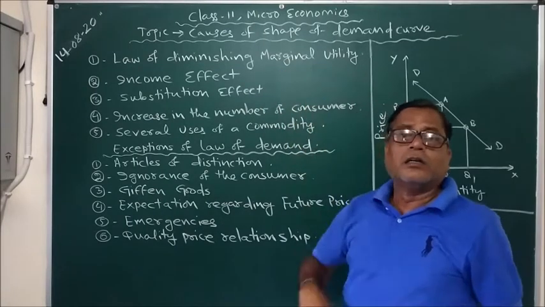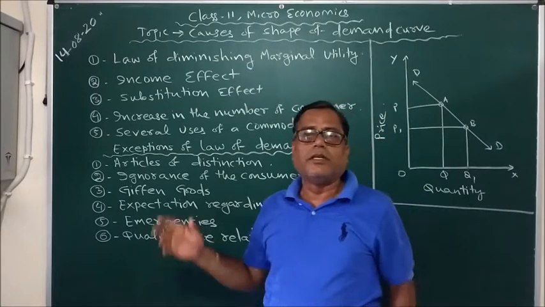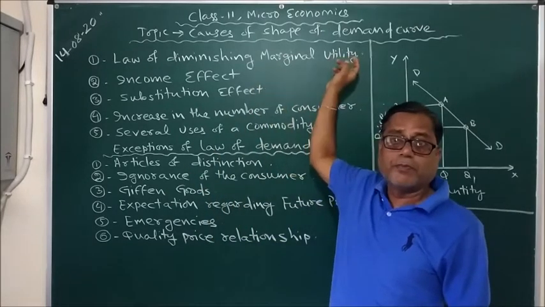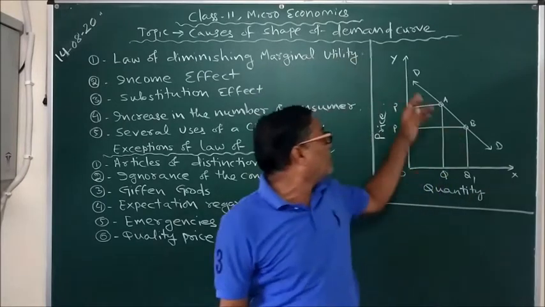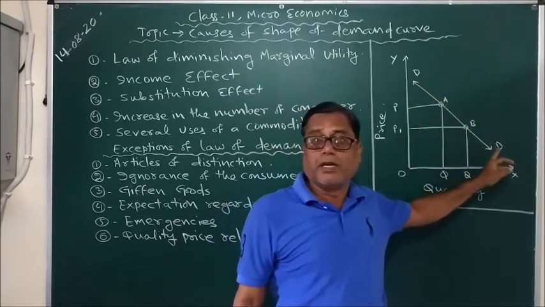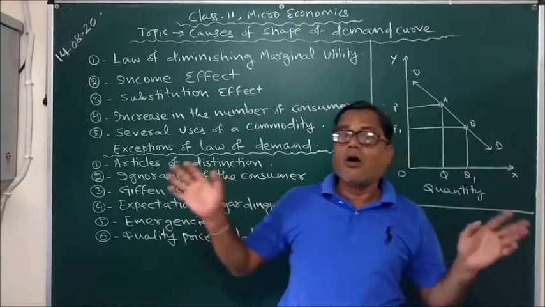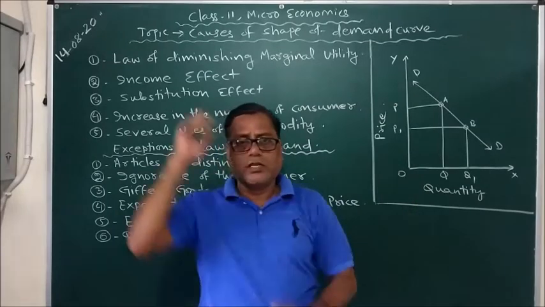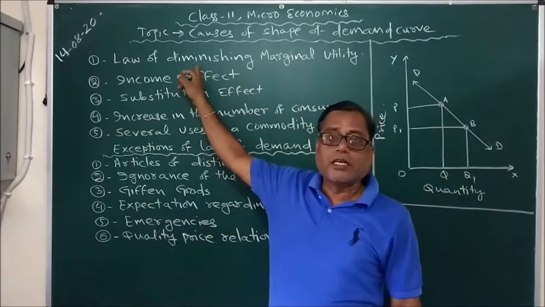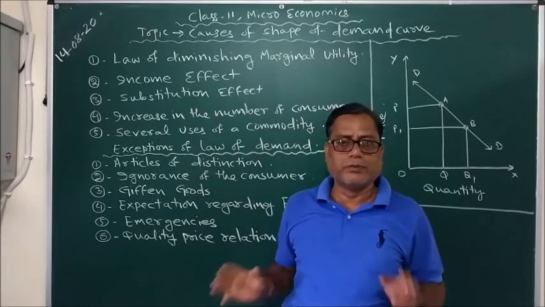Because the law of diminishing marginal utility works, that's why the demand curve shows a negative relationship. That means it slopes downward from left to right. So how? Let us try to establish the reason and the result. The reason is the working of the law of diminishing marginal utility.